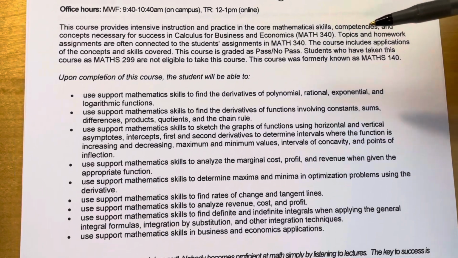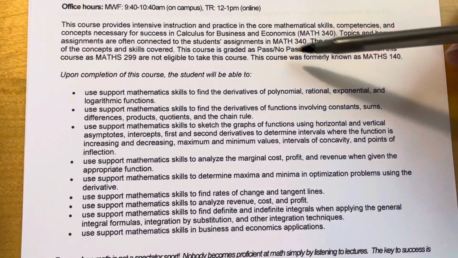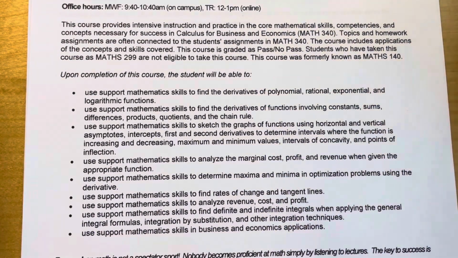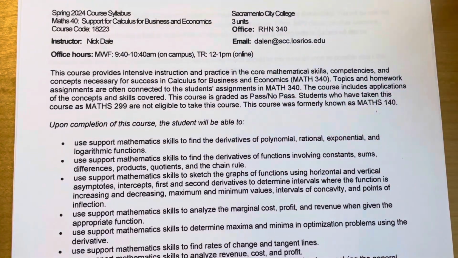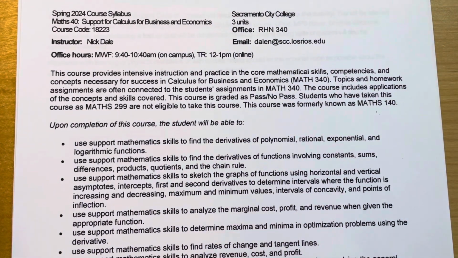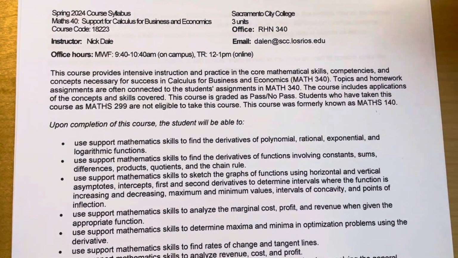Below that, you're going to see the description for our course as well as student learning outcomes. Now, if you don't know what this course is, if you just know that you were required to take this with Math 340, but you don't know why: this course is a co-requisite support course, and its purpose is to cover any prerequisite or extra practice material that's going to help you in our Math 340 course, our actual calculus for business and economics course.